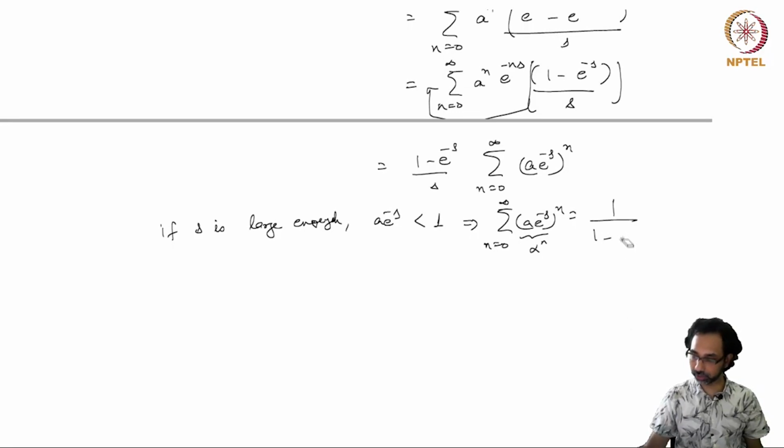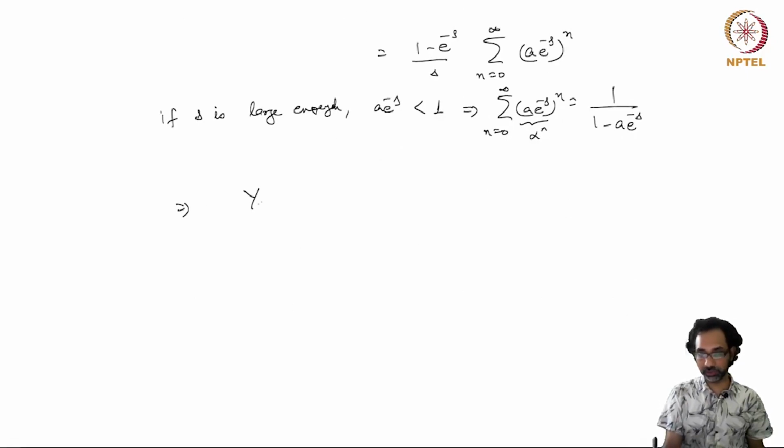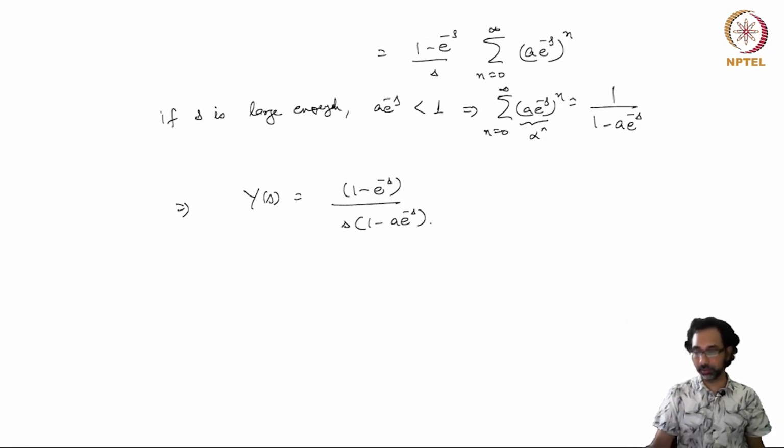So alpha is our a e to the power minus s. So the Laplace transform Y(s) is given by 1 minus e to the power minus s divided by s times 1 minus a e to the power minus s, and this is valid for a e to the power minus s less than 1.